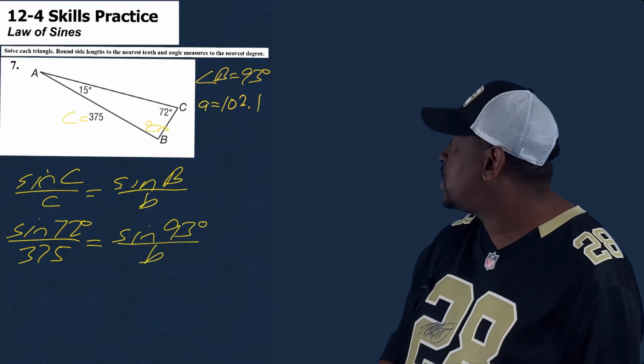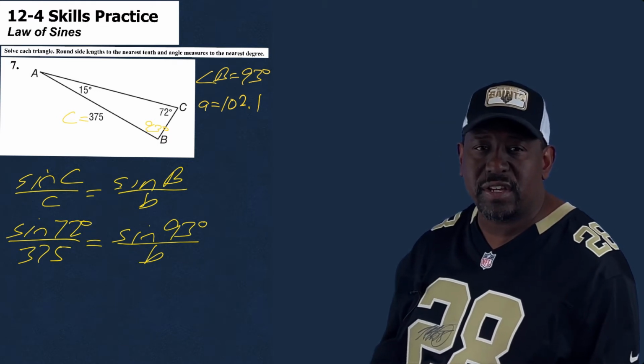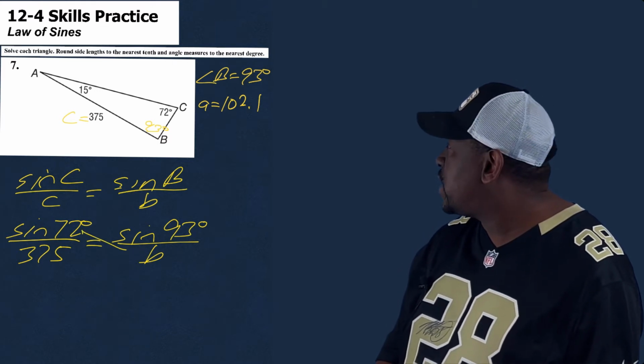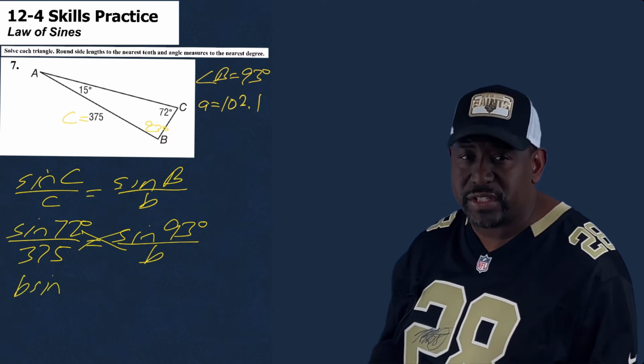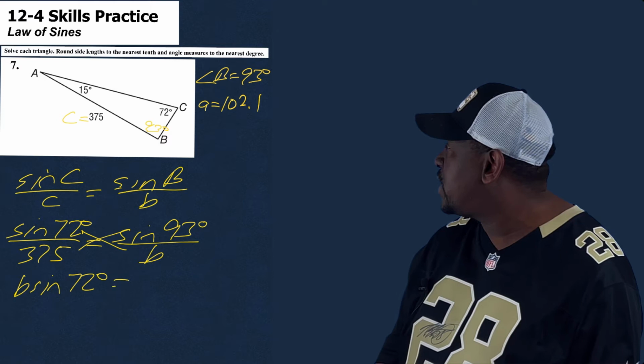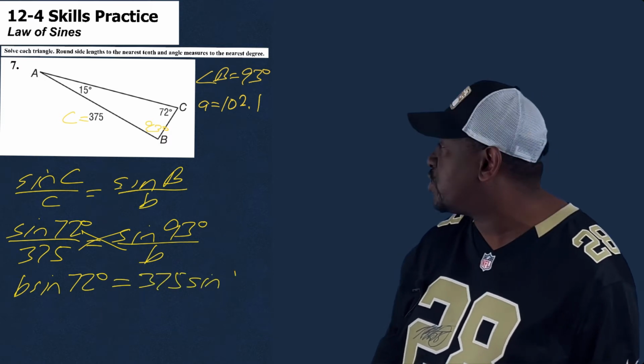The denominator is side B. So we're going to cross multiply because they're both proportions to get rid of the fractions, and we will have B times sine of 72 degrees on the left, that will equal 375 times sine of 93 degrees.